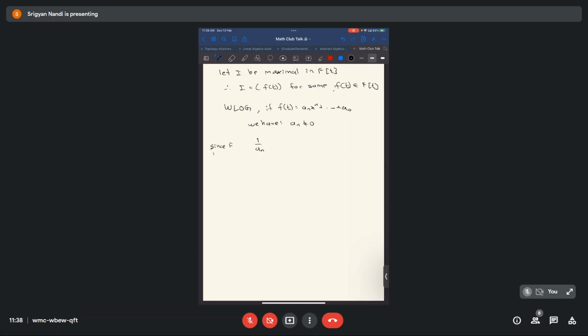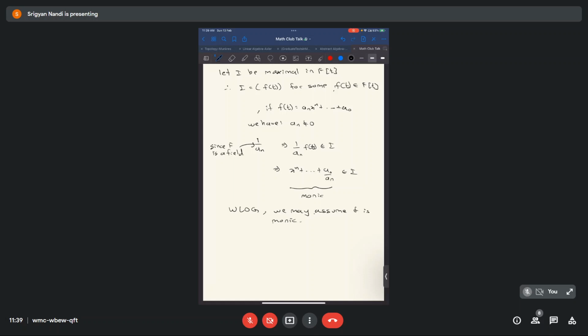That implies that 1 by a_n of f(t) belongs to this ideal I, which implies x^n plus a_0 by a_n belongs to this I, which is monic. So if we have such an f(t), we have the monic member of the family also belonging. Without loss of generality, we may assume f is monic.